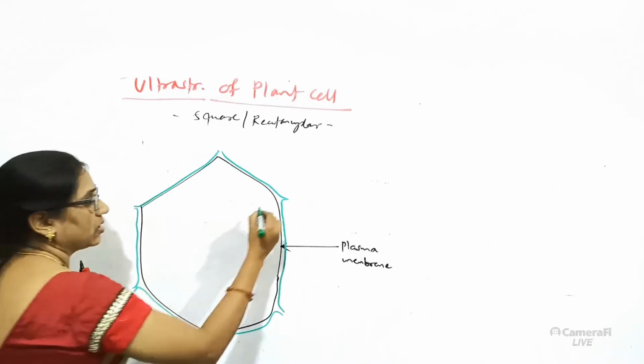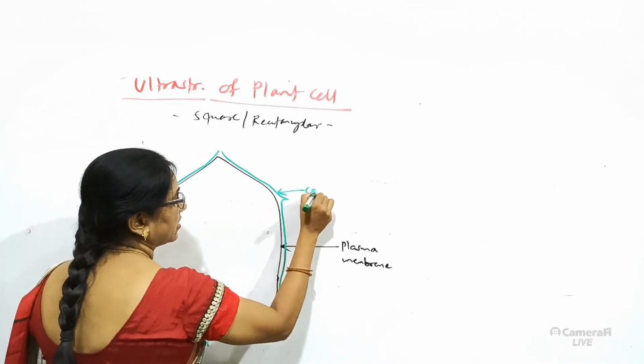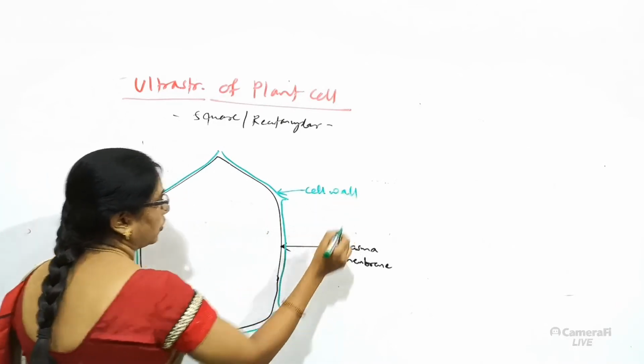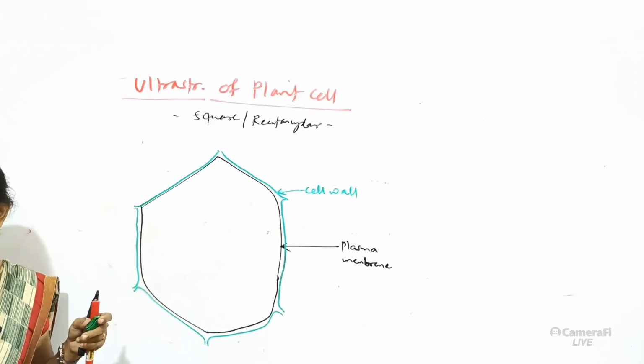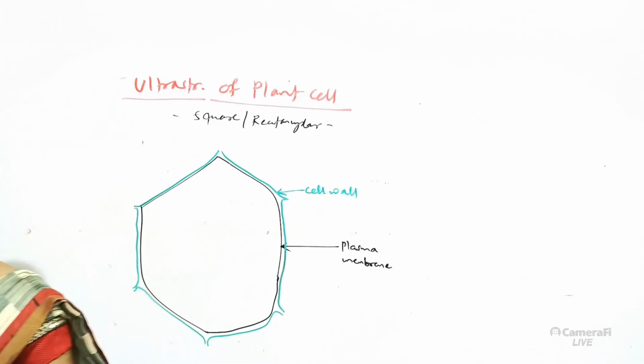What is this structure called? This one is the cell wall. The cell wall is present in the plant cell only. It is the outermost boundary in the plant cell.